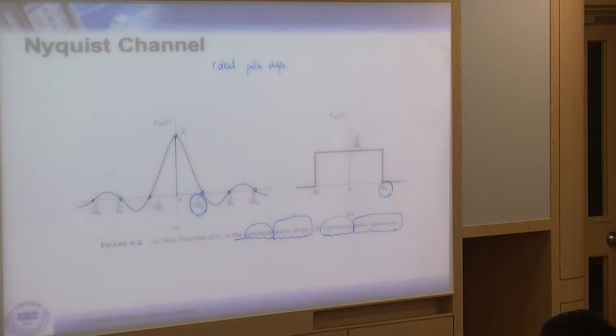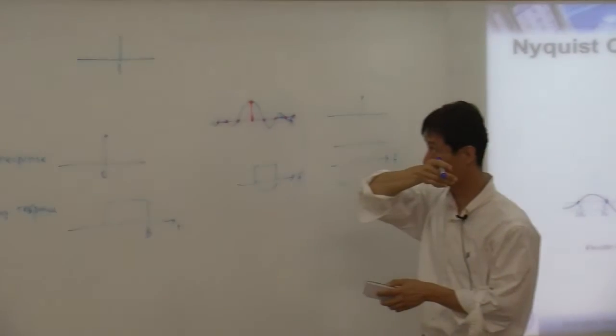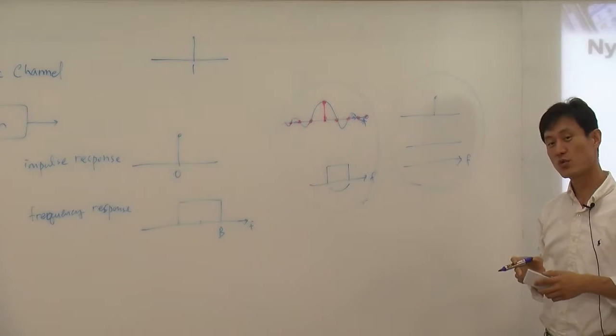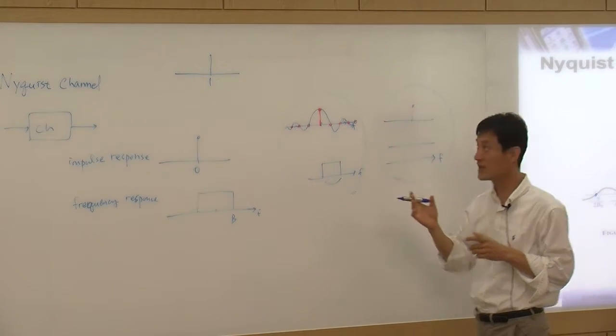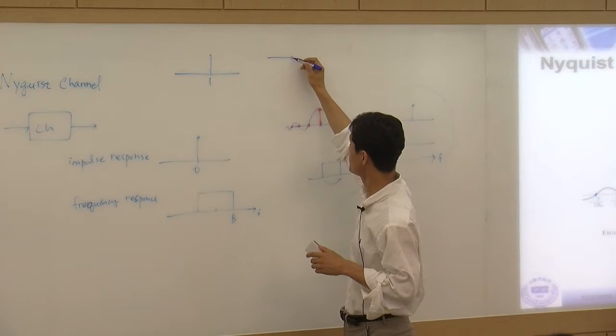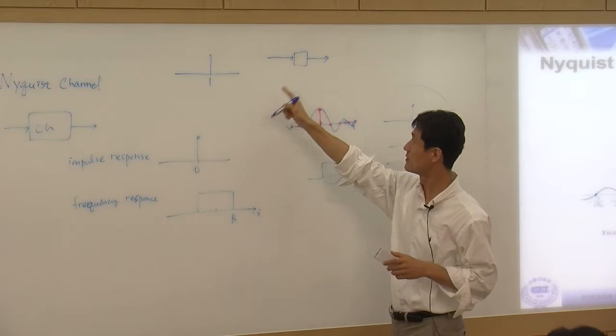Let's say this is the ideal impulse response. Let's say I have impulse response 1. What does that mean? That means we have delay 1, which means you have some input, one delay, and then you have output. This is memory.